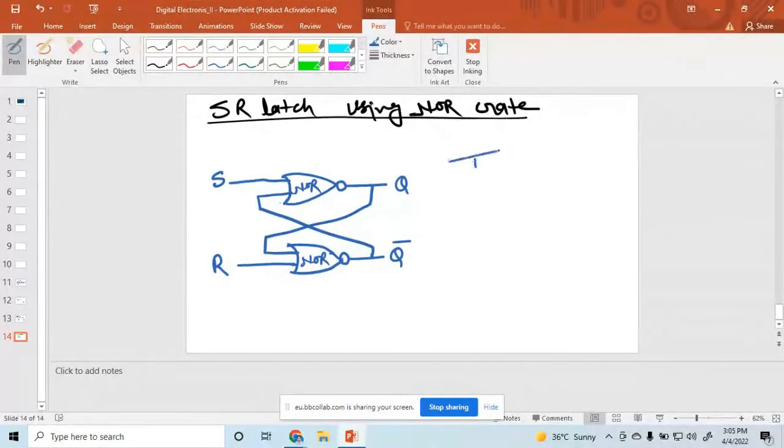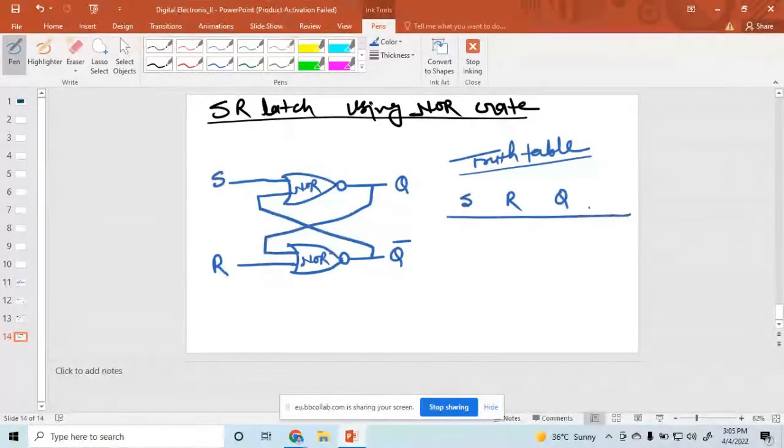And in that case, what is the truth table? The inputs are S and R and the output is Q. Two inputs, total four combinations. When both are 0, 0, that state is called the previous state.